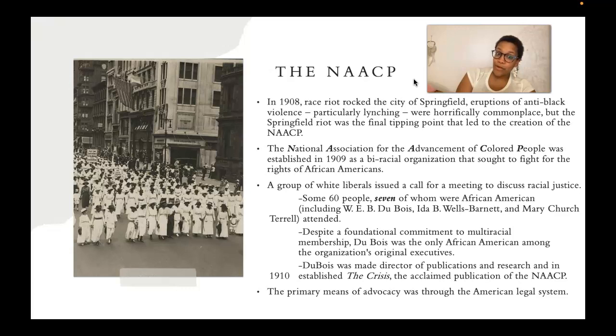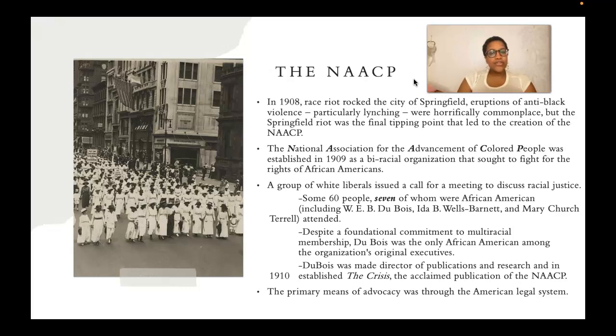On the original board, he's the only black person in an organization that's supposed to be dealing with the rights of black people. But anyway, you have Du Bois being made director of publications and research, and in 1910 he established The Crisis, which was the renowned publication of the NAACP.